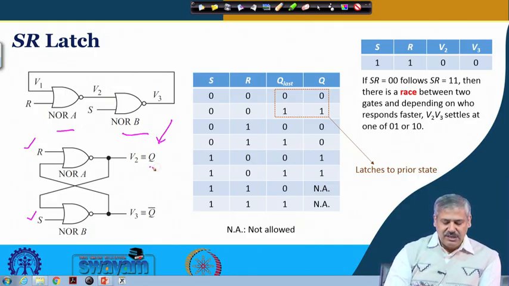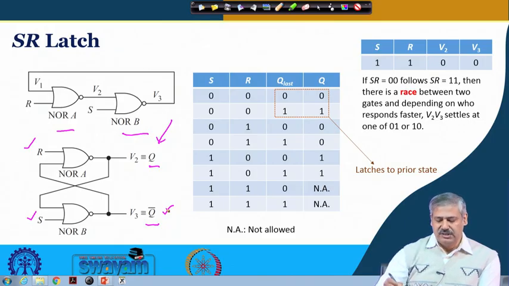And this is Q, and we will see that it happens to be the cases where we are operating it, the way we operate it, this V3 will be inverse of V2. So, if this is 0 volt, it will be 5 volt and vice versa. So, that way we can write it to be Q bar, okay. But we shall see more of it in the subsequent discussion, right.